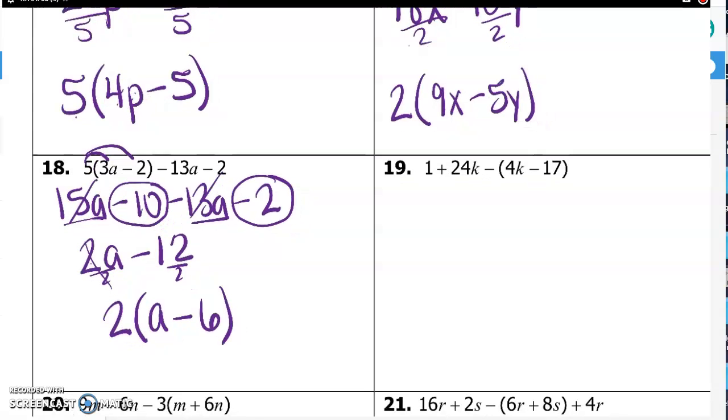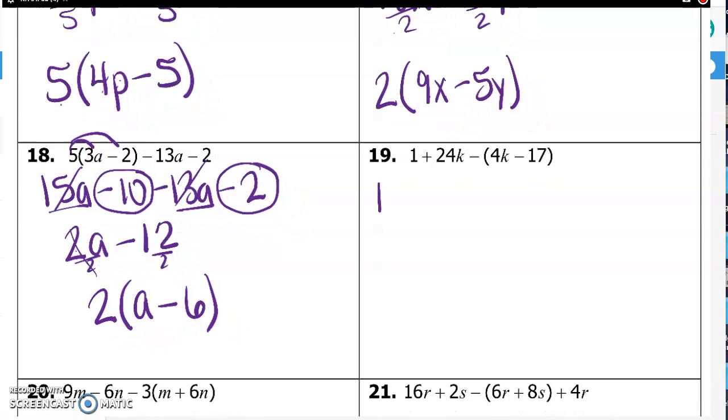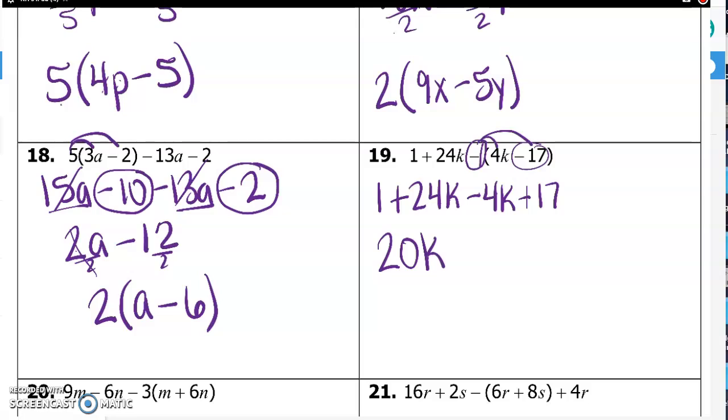Number 19, 1 plus 24k, those come right down. Then you distribute a negative 1. So minus 4k plus 17. So you're doing a negative 1 times a negative 17. Makes it a plus 17. So 20k, when you put those two together, and then plus 18.